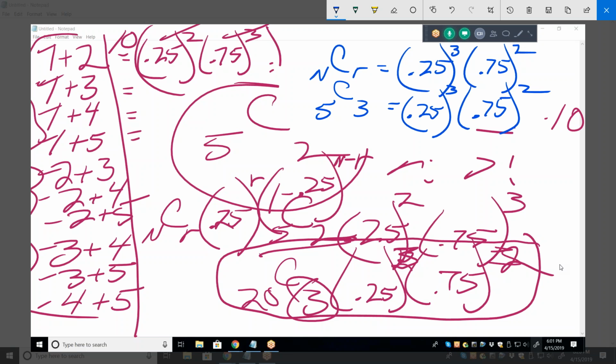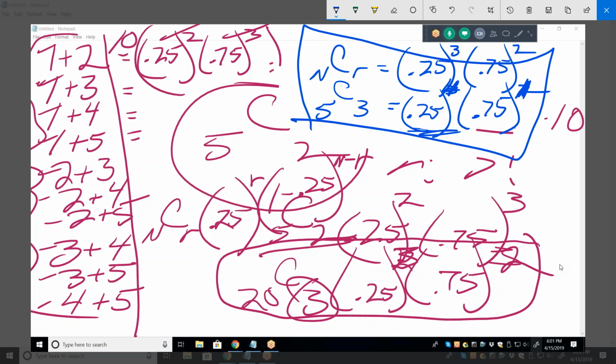If they said 4, then this would have to be a 4 and this would have to be a 1, because to get 4 correct, you've got to do the 1/4 probability to the 4th power. So this is kind of the general formula for problems like this, where order doesn't really matter.